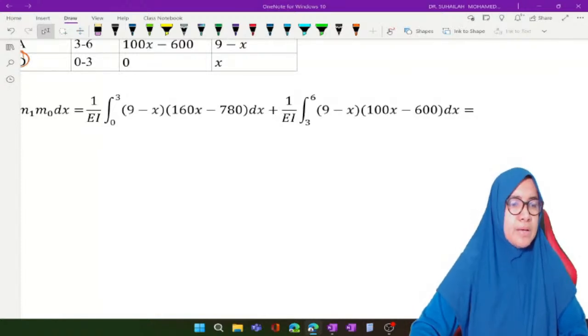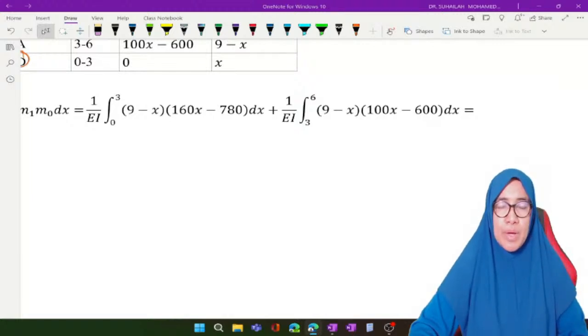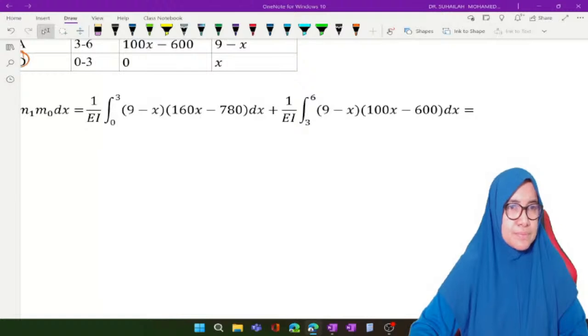We have to integrate the two moment equations, M naught and M1, for the displacement in the primary beam. We label it as delta 1 naught. Please calculate the answer.